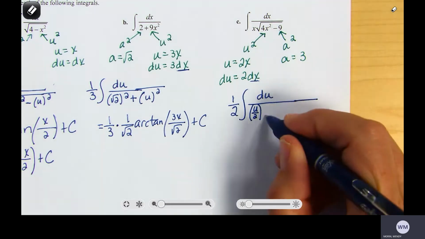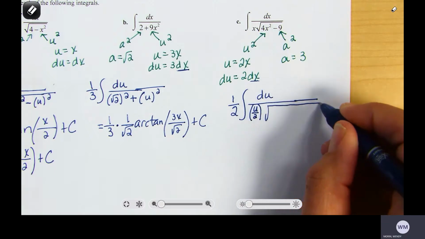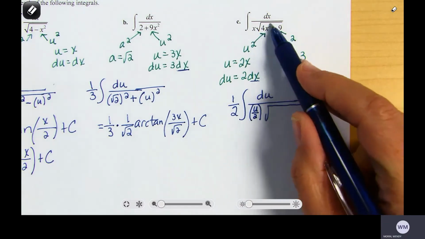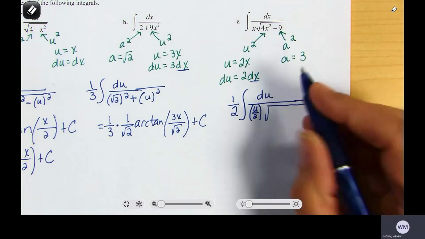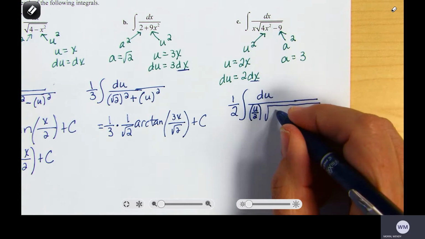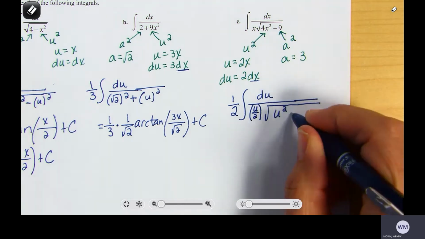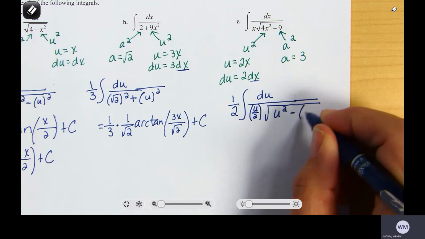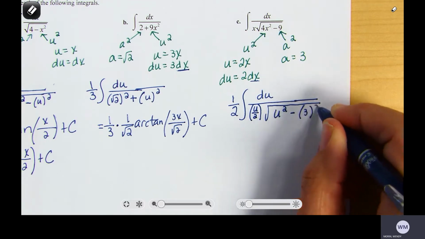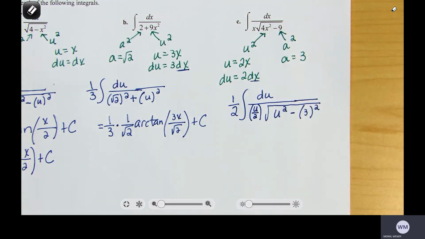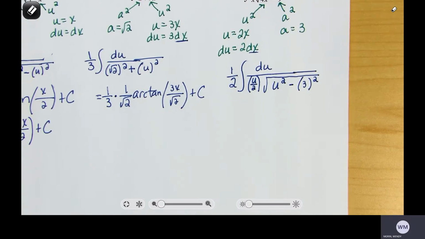Okay. And then we have the square root of u squared minus a squared. Okay, so everything is in terms of u.